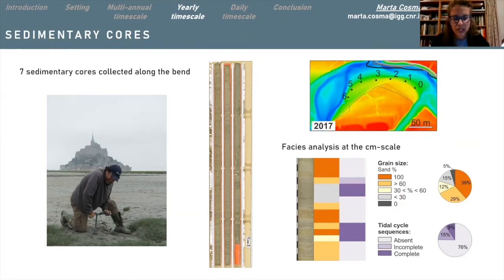We also analyzed the tidal signature. So we defined whether or not the neap-spring tidal cycles were complete, absent, or incomplete.